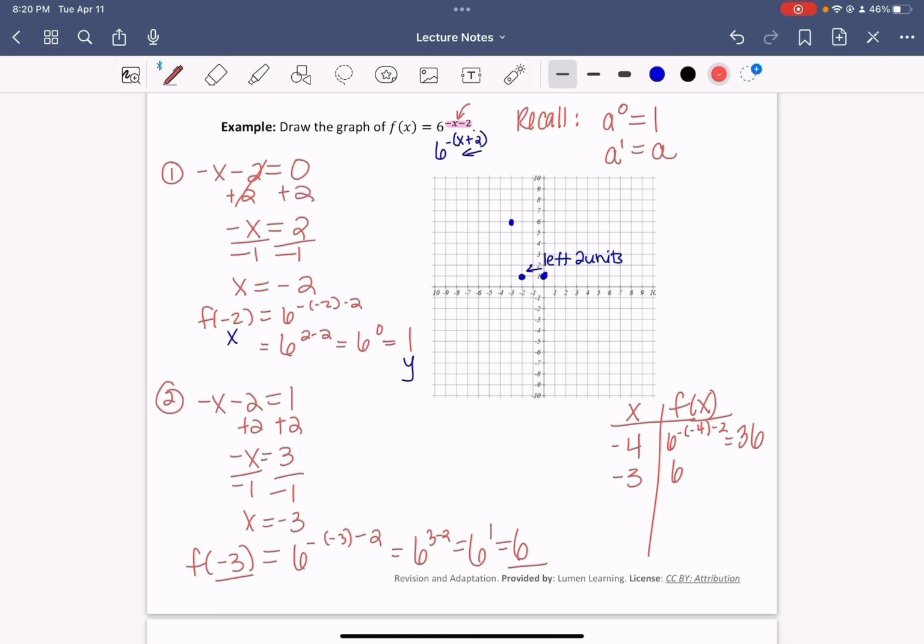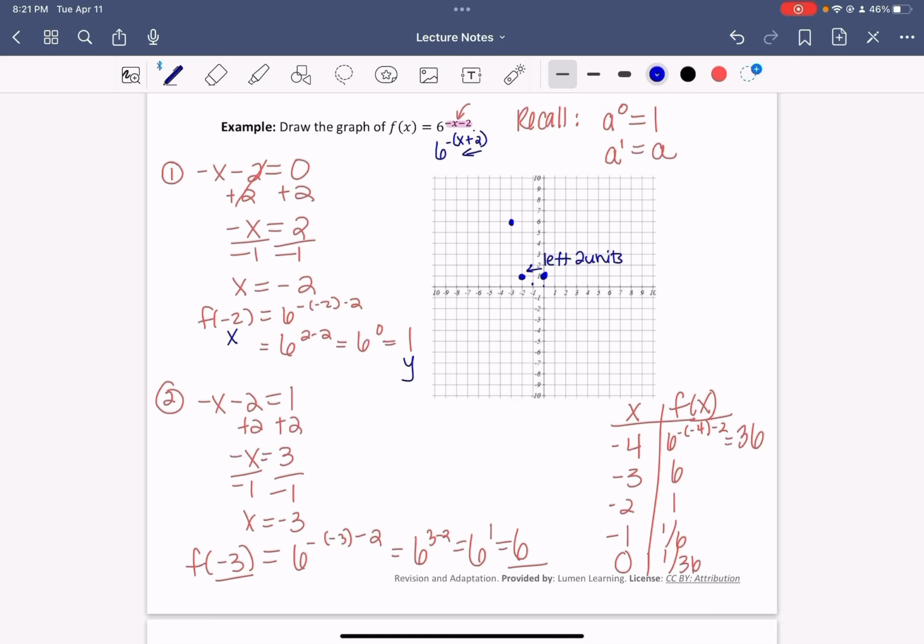Or you can see from step 2 we got that. We know at negative 2 it's at 1. At negative 1, we plug that in, we get 1/6. And at 0, we get 1 over 36. So just to give us an idea of some other points, at negative 1, it's about 1/6. And at 0, it's really close.